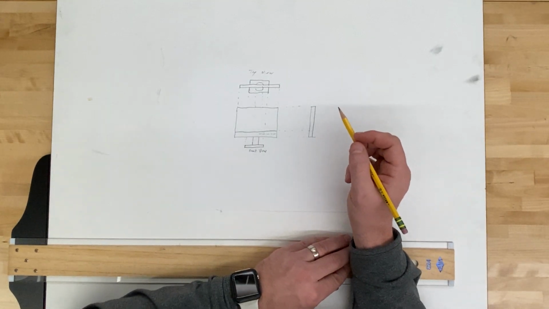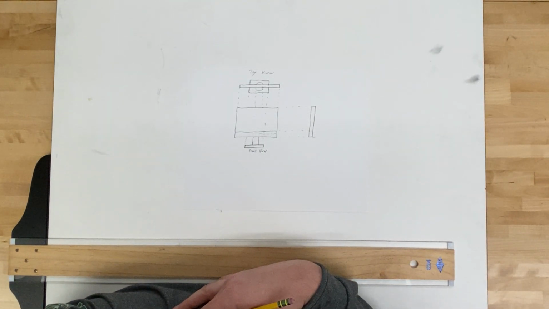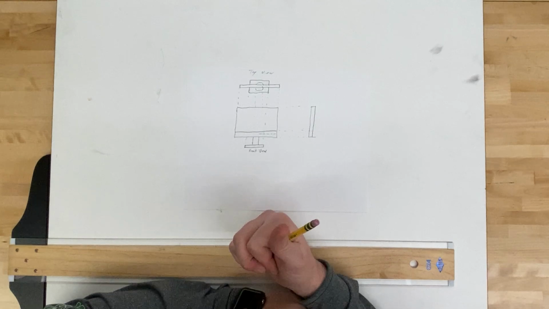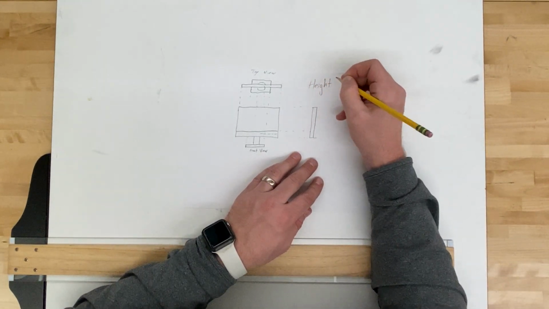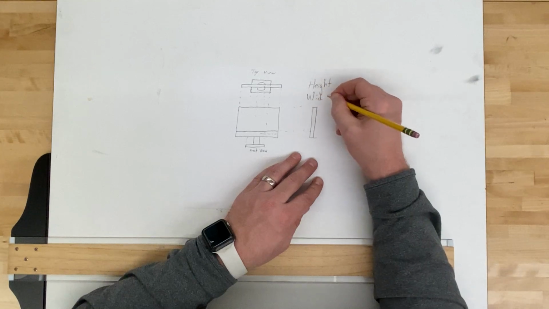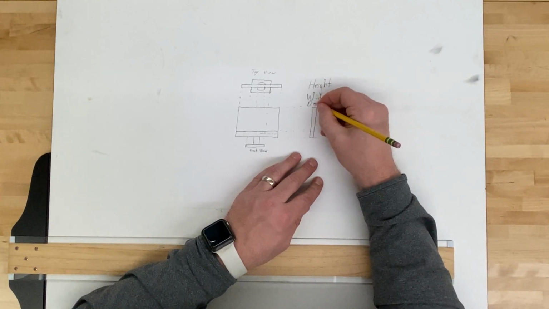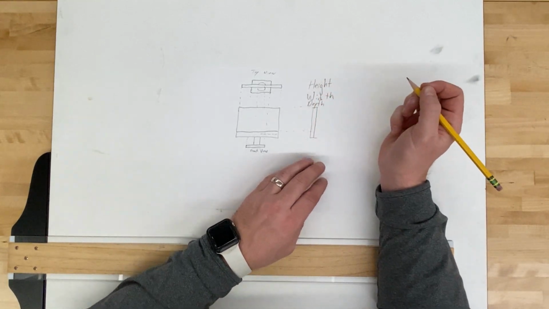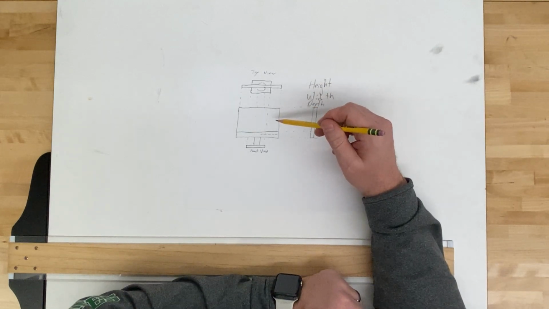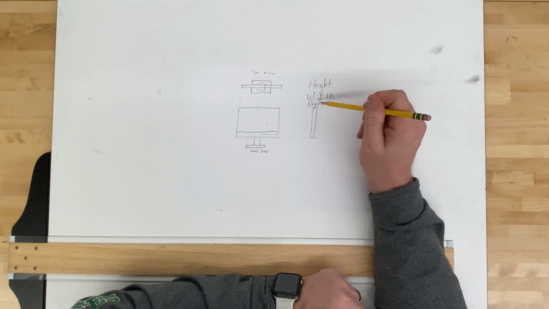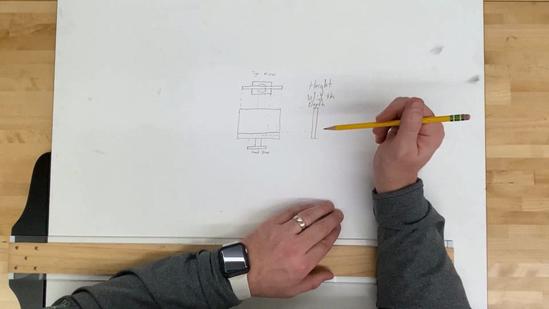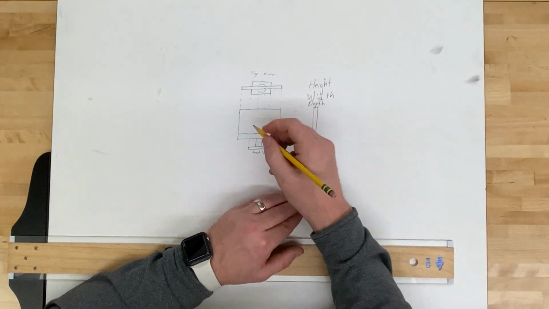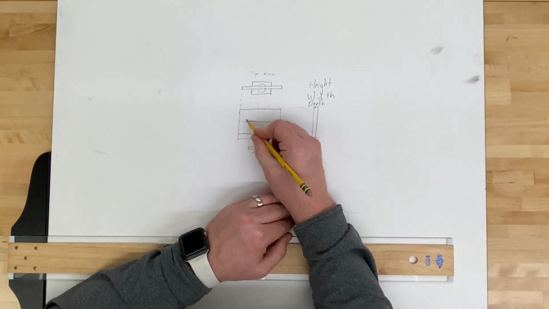With that being said, every 3D object has 3 different measurements: a height, a width, and a depth. Each view has 2 of the 3. If you're looking at the front view, looking at your screen in front of you, you would have a width, right?